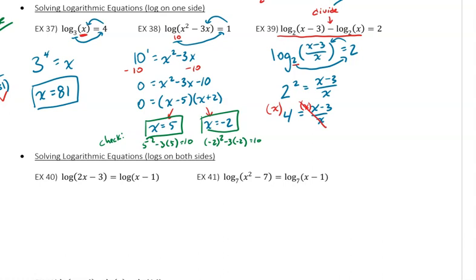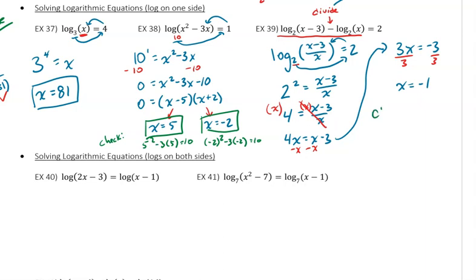So we're going to have 4x equals x minus 3. Next, we want x's on one side, so we can subtract x. So we have 3x equals negative 3. And lastly, divide both sides by 3. Get x equals negative 1.